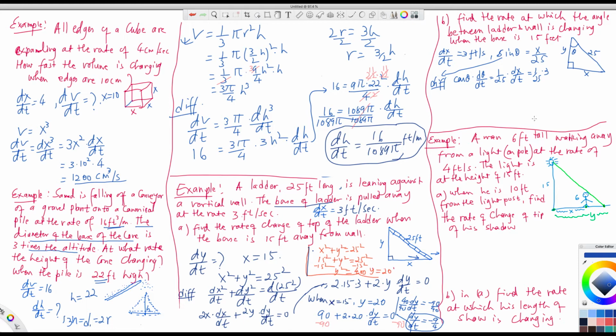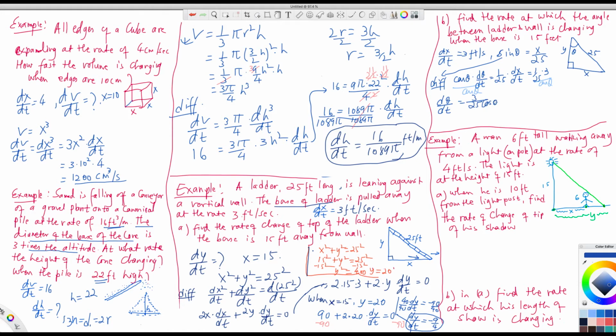Now I divide both sides by cosine theta. Then I will get d theta over dt equals 3 over 25 cosine theta.